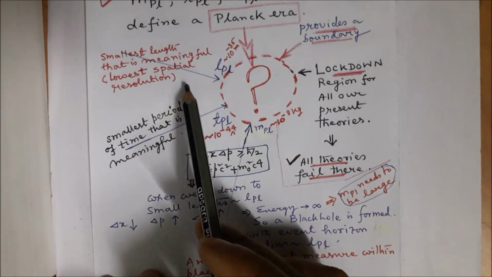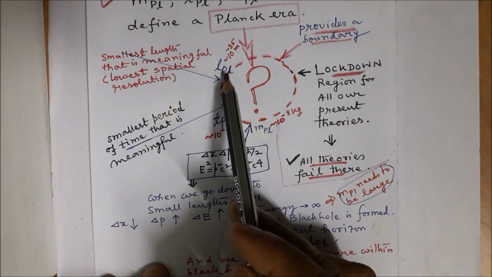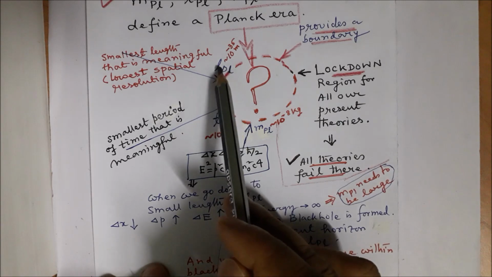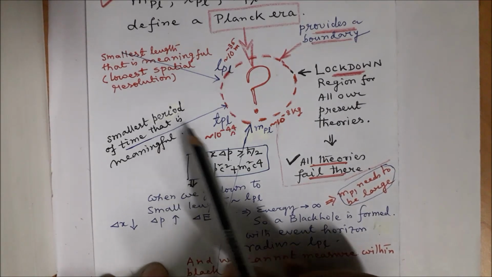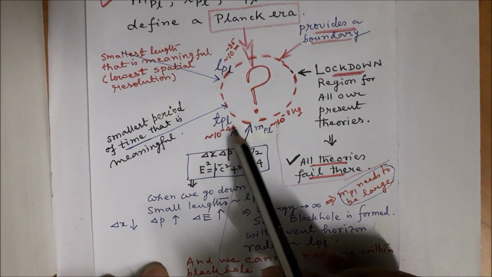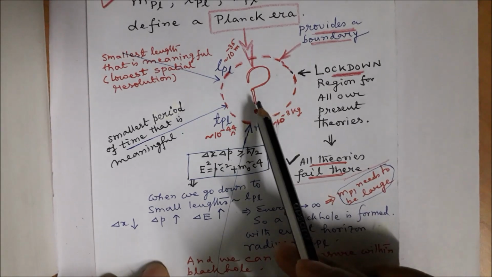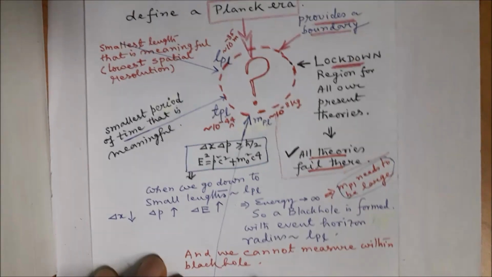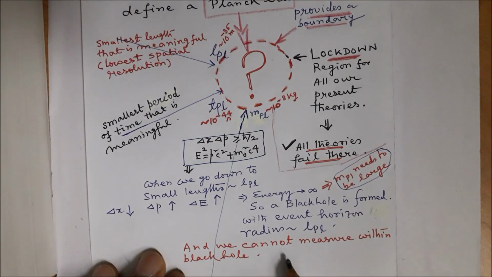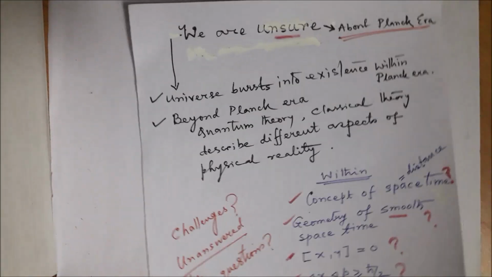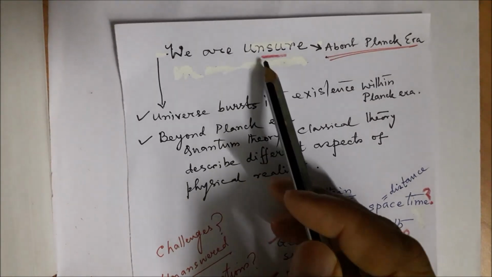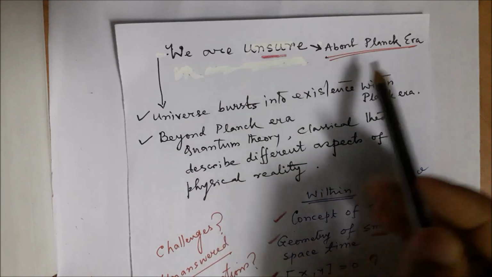So talking about distances lesser than Planck length or a period of time lesser than 10 to the power minus 44 seconds does not have any meaning, because then that means we are inside the black hole and we cannot measure within a black hole. So we are unsure about Planck era.